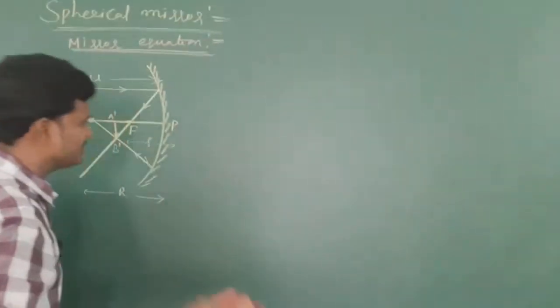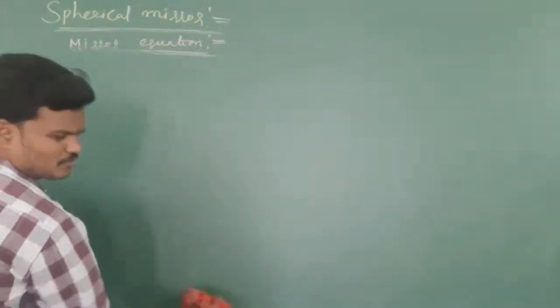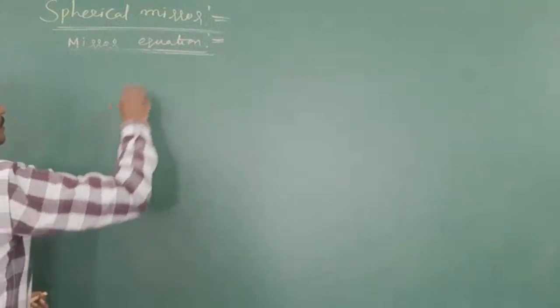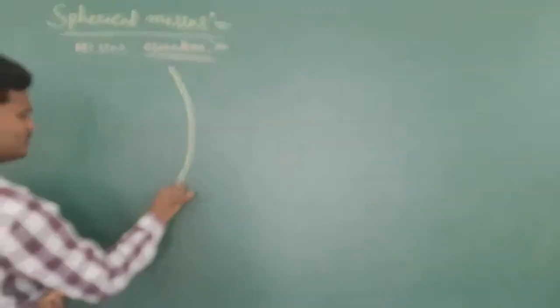Let me draw once again to get a bigger diagram, because it is very small and I don't know whether it is visible to you or not. Let me do it fast. See, this is the concave mirror.